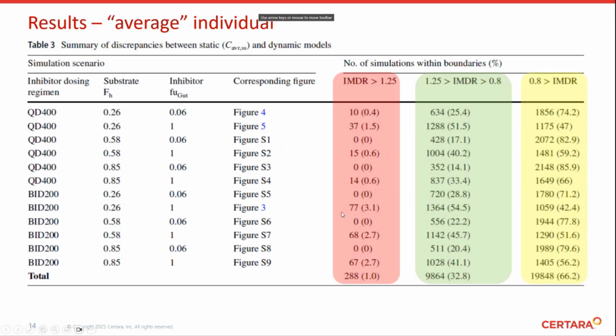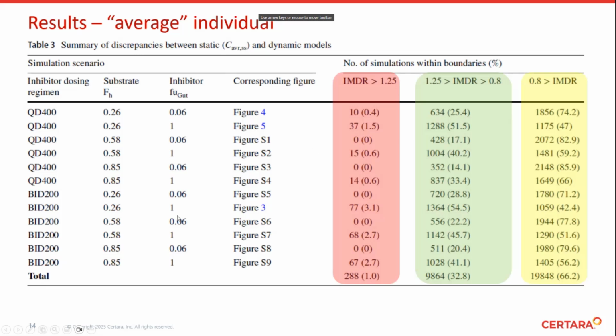So clearly showing that a big part, or the majority, of the predictions do not fall in the range where the predictions can be considered equivalent.